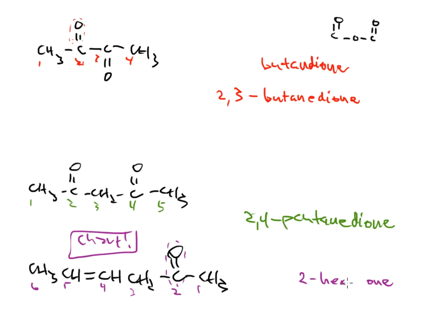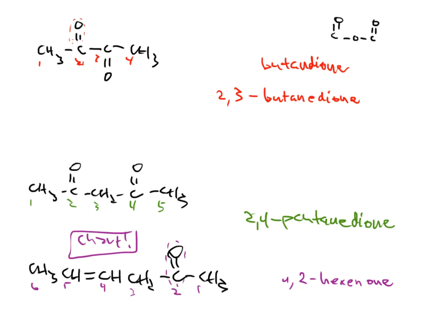And I'm going to have to do an EN because of that. That is the hexene part. But the problem is that I have to give that a number. And I can't just write a 4 out here in front and pretend like you know which one's at 4 and which one's at 2. That's not going to work.